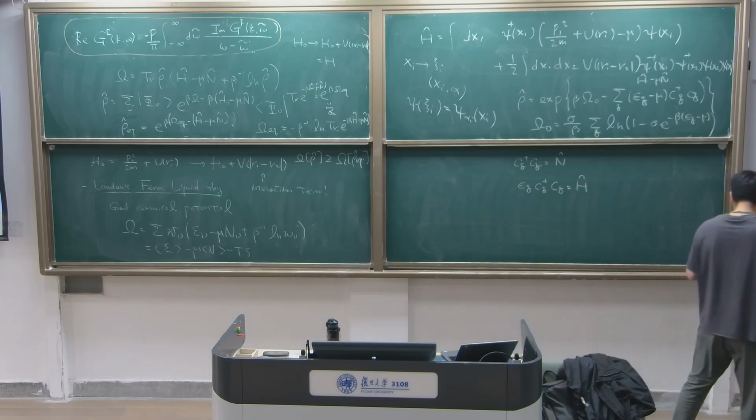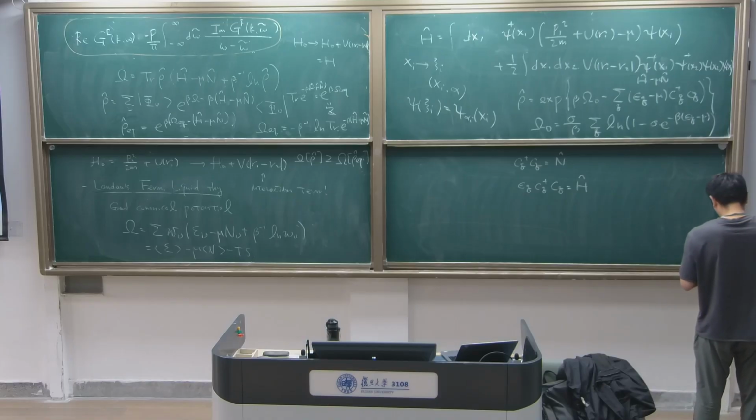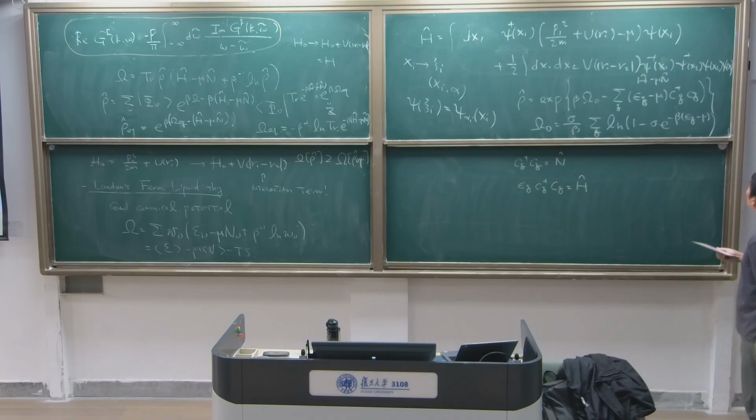And then rho 0 literally comes from the grand canonical ensemble.